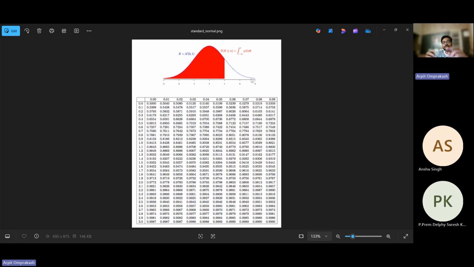As I said before, we need to find a value where the area after the right extreme is 2.5%, and the area after the left extreme is 2.5%, right?